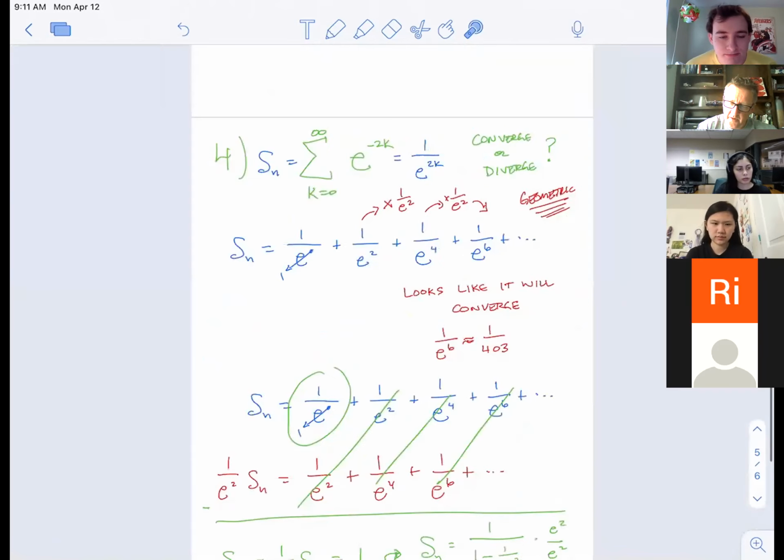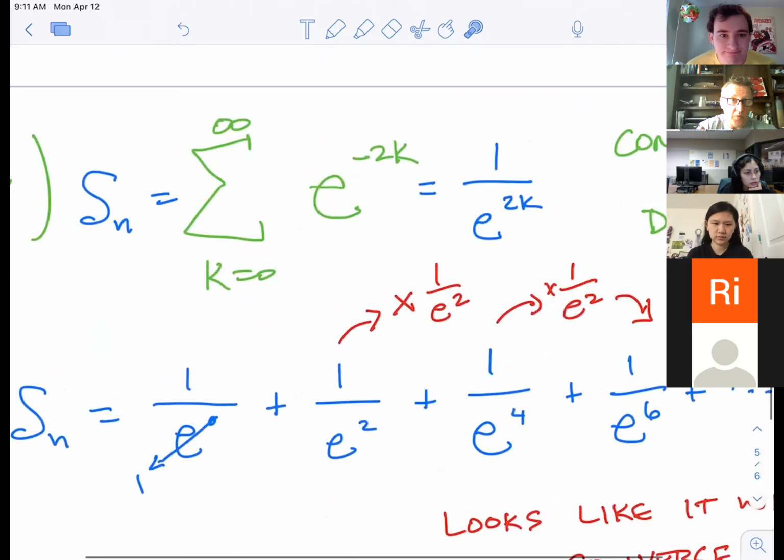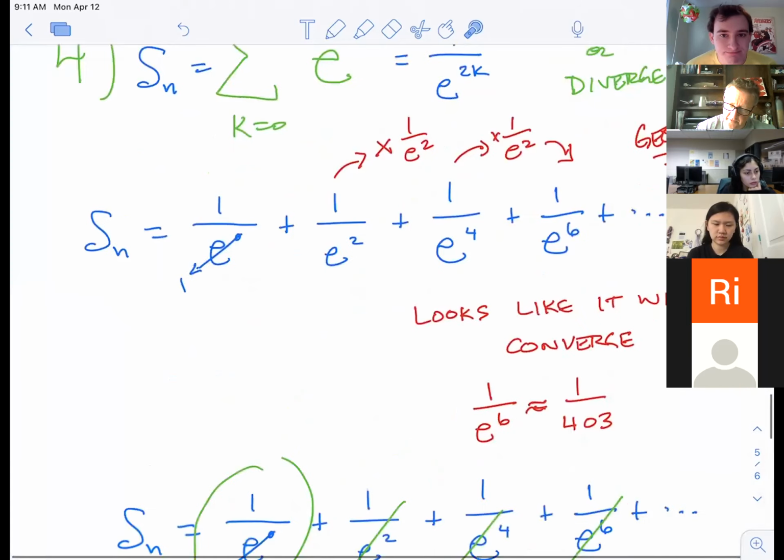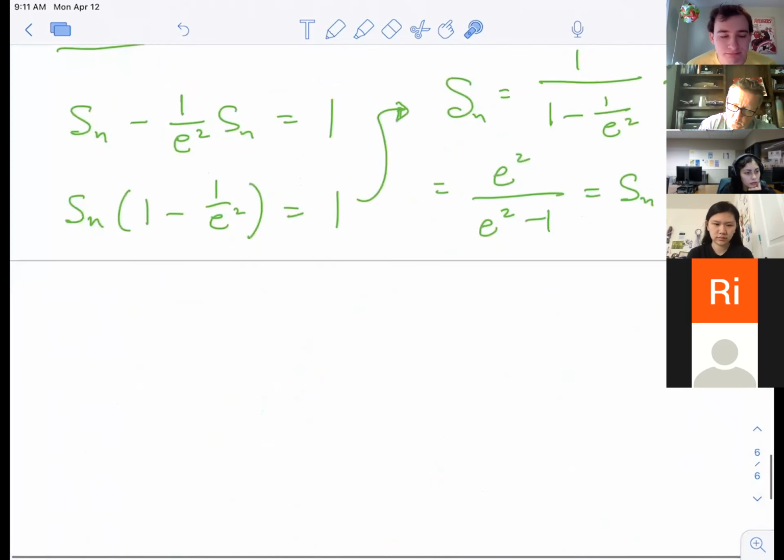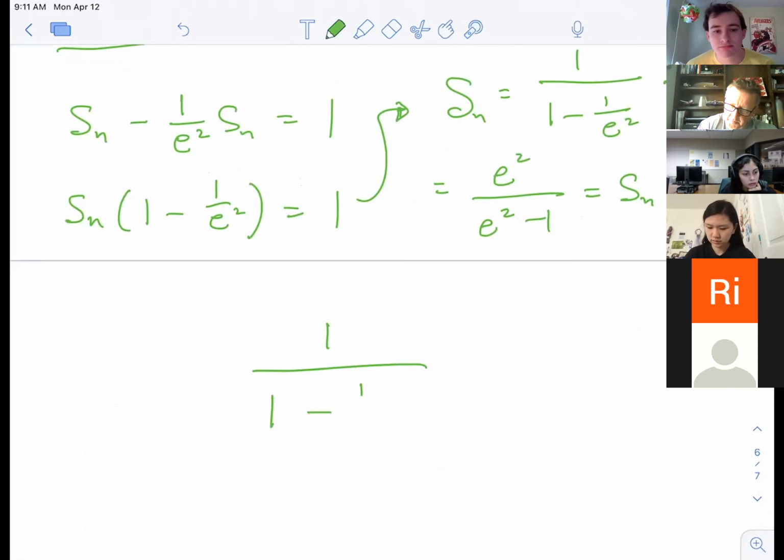It started at 0, and notice there's nothing in front of it. There's a 1 in front of e to the -2. So does our formula work where we go, oh, it's 1 over 1 minus our multiplier? Well, apparently, because that's what we just wrote a second ago. So the shortcut's worth something. I'm not going to completely throw it out. That's kind of cool that it produced it that fast.